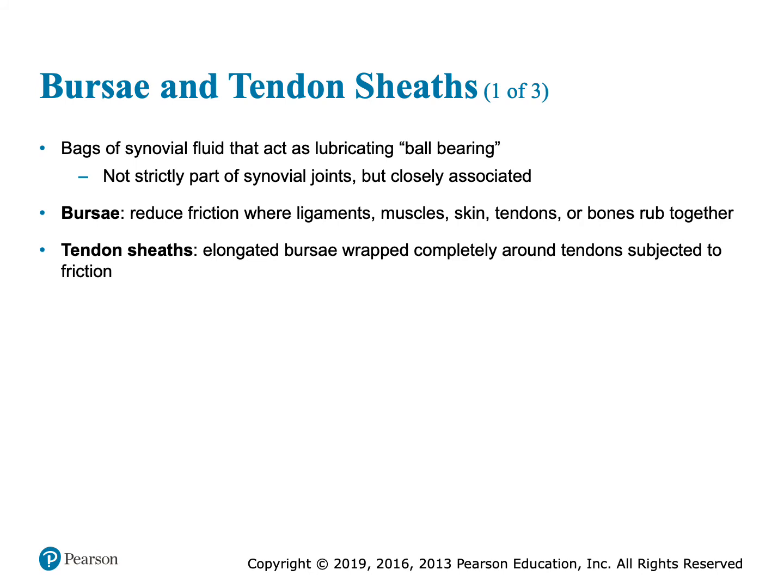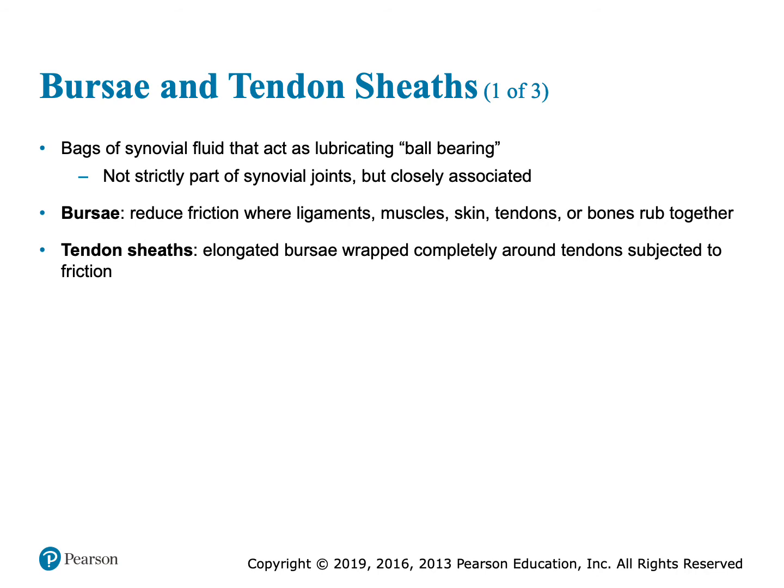So sometimes we have these areas, these pockets of synovial fluid that are not in the joint, but they're somewhere around the joint. And a bursa is going to reduce friction wherever we have ligaments, muscles, tendons, wherever there's potential for these things to rub together.